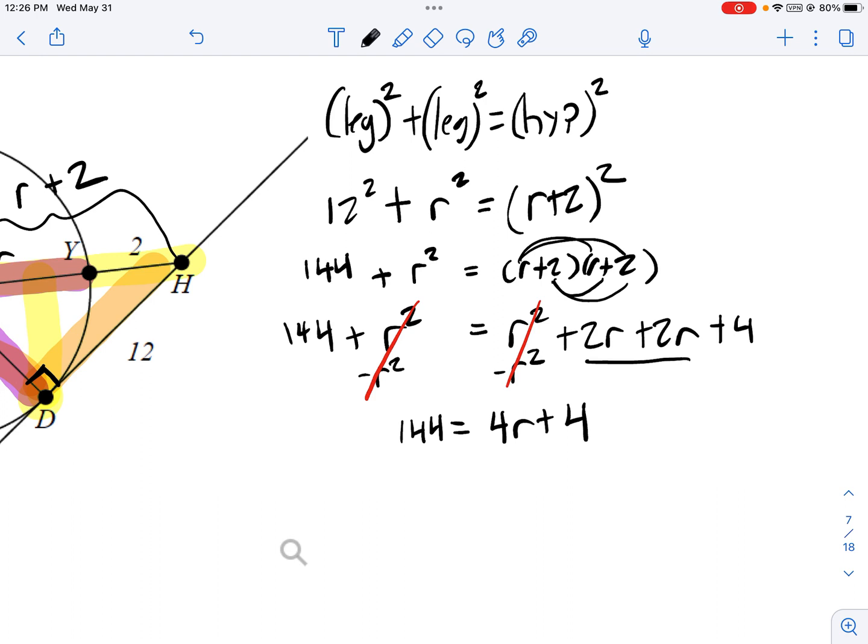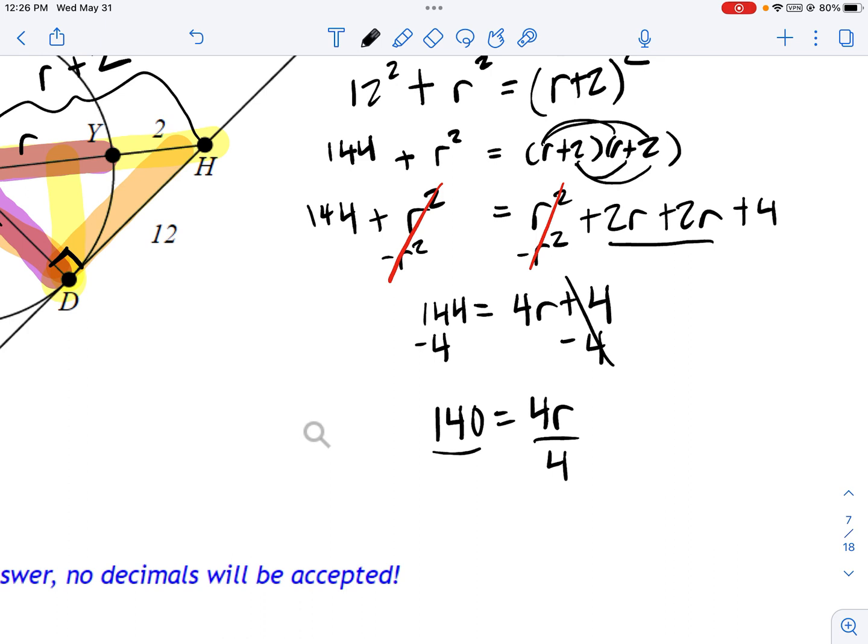Bam. Now this is way more manageable because you don't have to worry about factoring or anything else. This is just a linear equation. We end up with 140 equals 4r, and then you would divide by 4 to get your final answer. So your r, the radius of this circle, is 140 over 4.